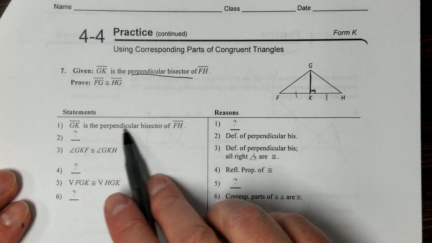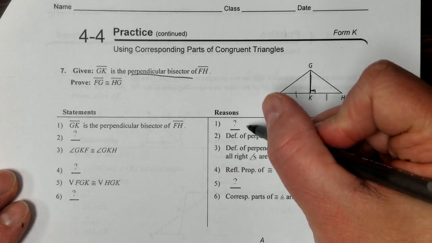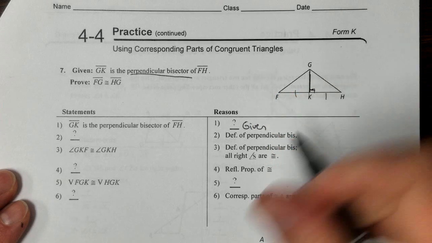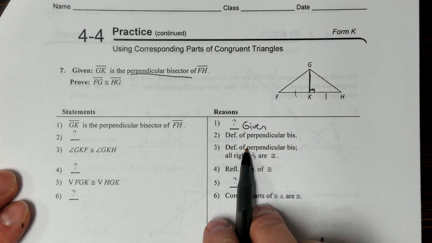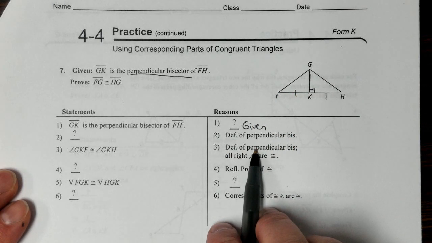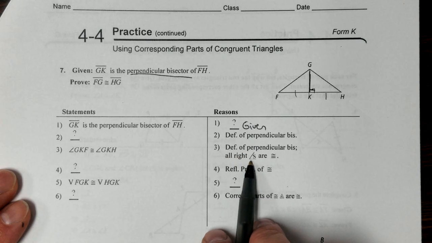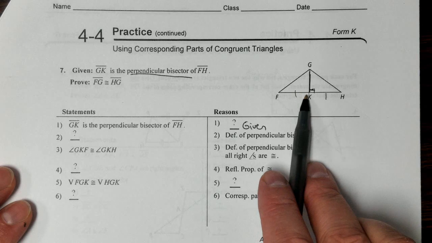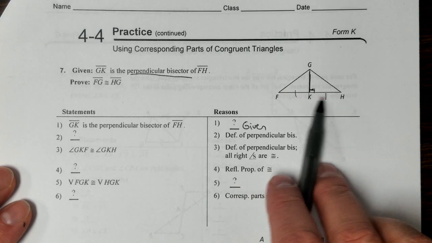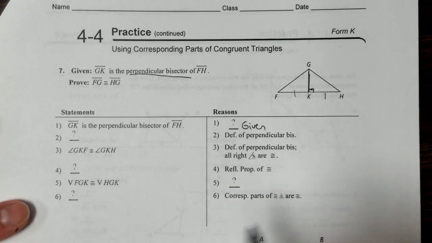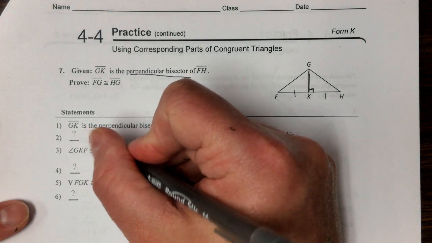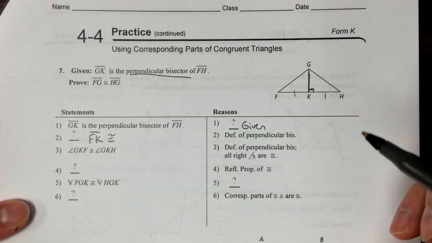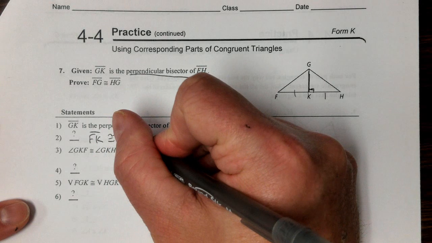And it says GK is the perpendicular bisector, which is given. The next two parts say definition of perpendicular bisector, but number 3 says with the right angles equal. So what we want for number 2 is FK congruent to HK.